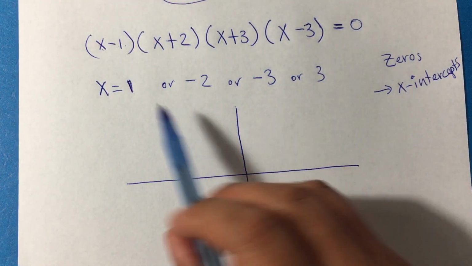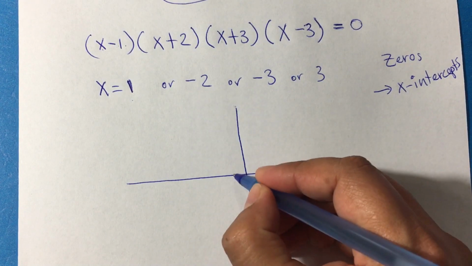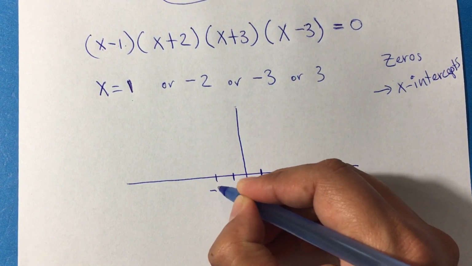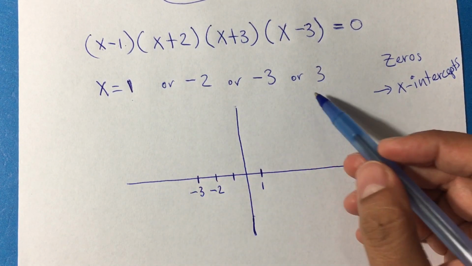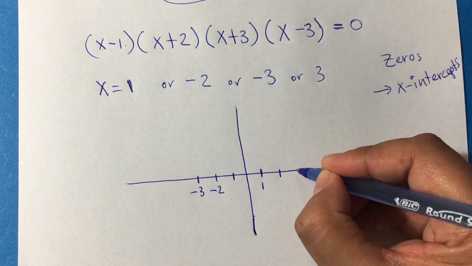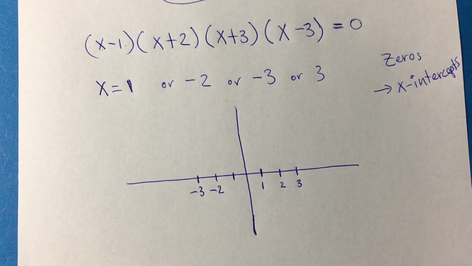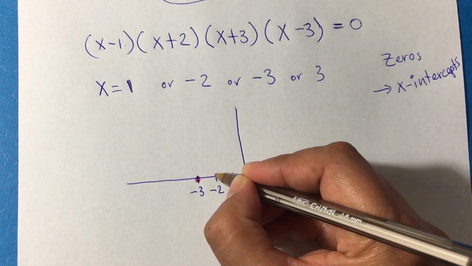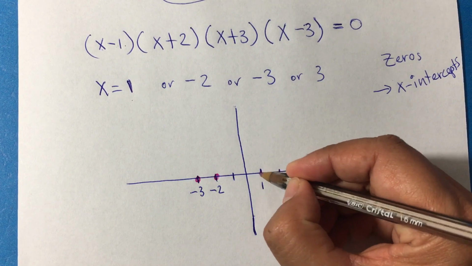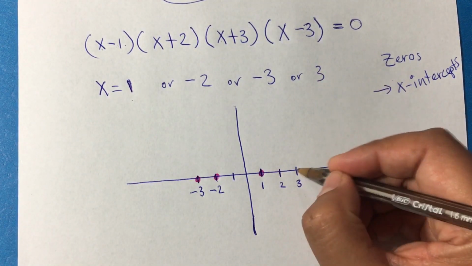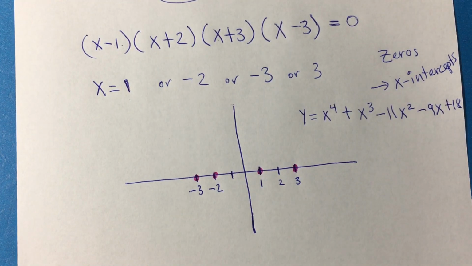The values of our zeros are 1, which is right here. -2, so right there. -3 is going to be right there. And +3, it's right there. Okay, 1, 2, 3. Those are the values of our zeros.